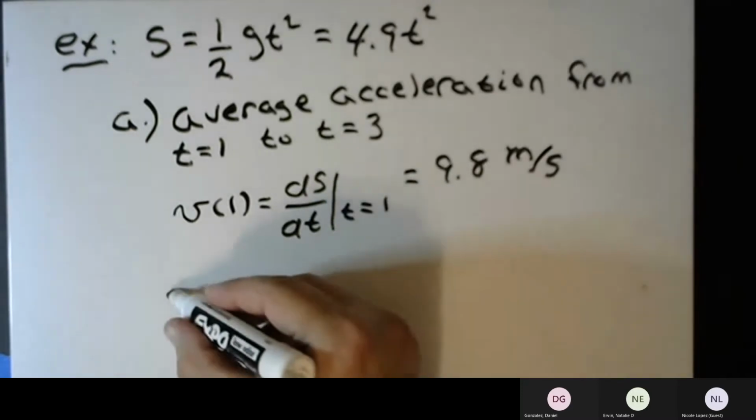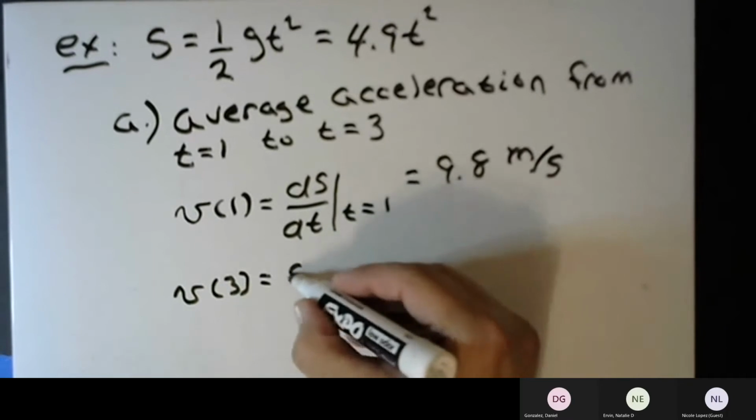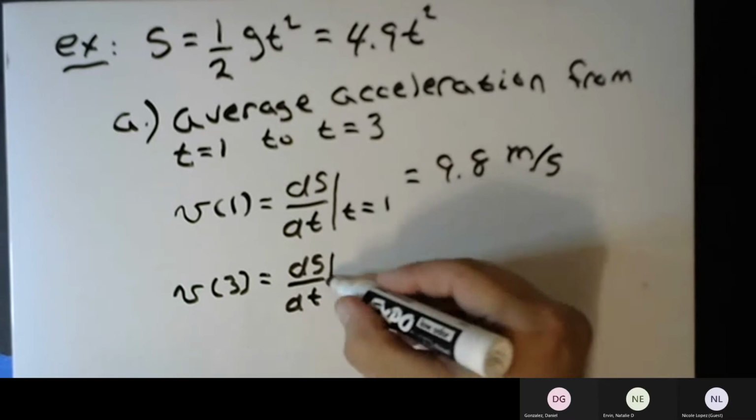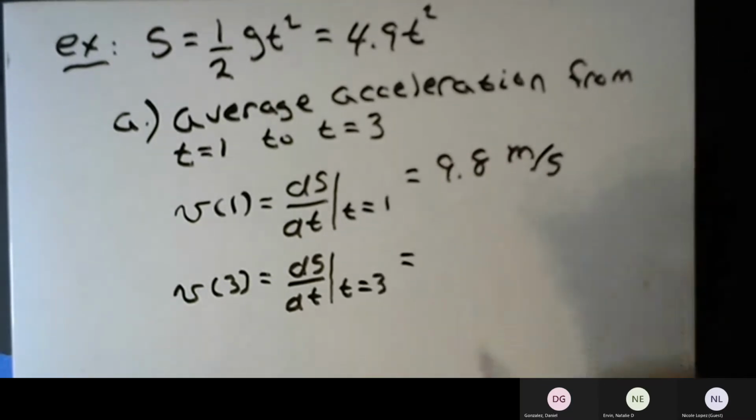And then the velocity at time equals 3 was the derivative of the position function at time equals 3. Let's see, what was that one? Double check. 29.4.